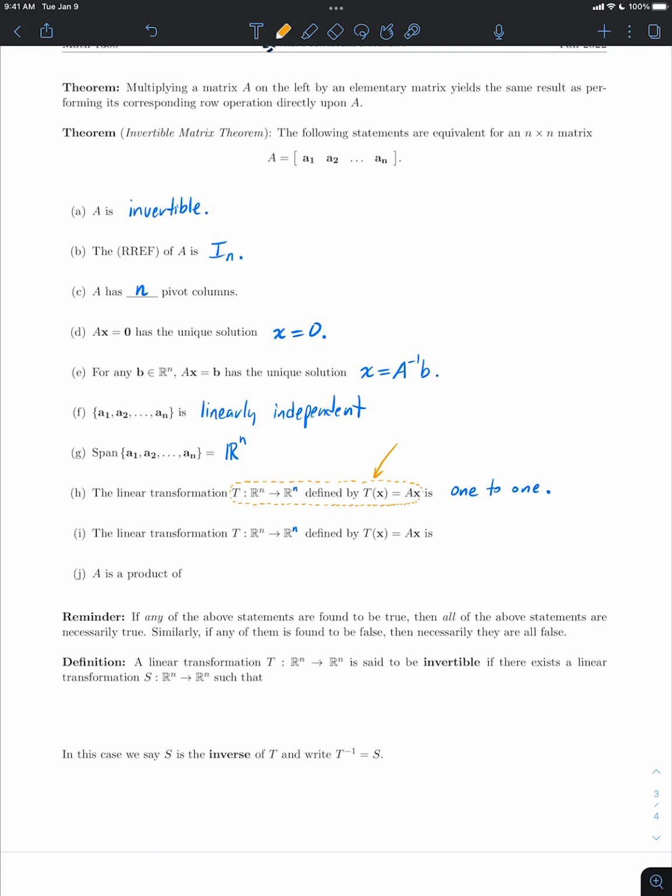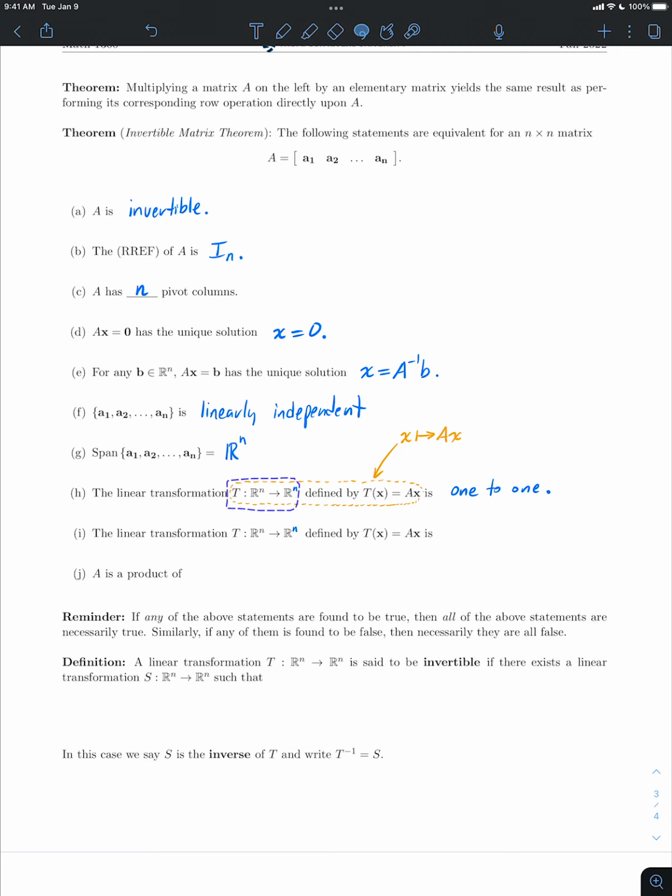This whole thing can be abbreviated just by saying x is mapped to A times x, or x is sent to A times x. This is an abbreviation for this entire definition. And the textbook uses this as well in places. So if you see this, you can expand it by just writing this. Sometimes you'll have to infer by context the domain and codomain.